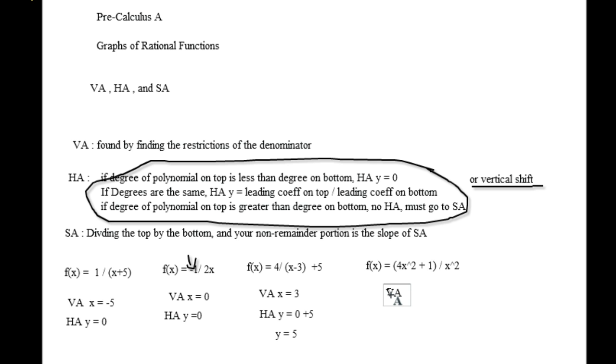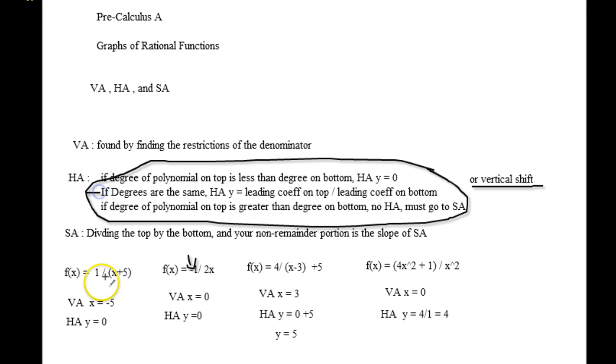The vertical asymptote would be x equals 0 in this case, because 0 would make that a restriction. Now my horizontal asymptote would be the ratio of the leading coefficients. So it would be y equals 4, which is the leading coefficient on top, divided by 1, which just turns it to 4. So that's where I have to follow this rule.